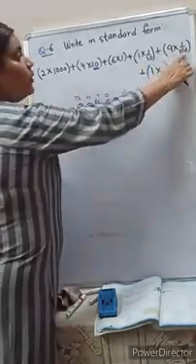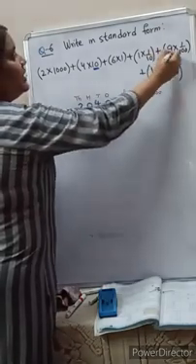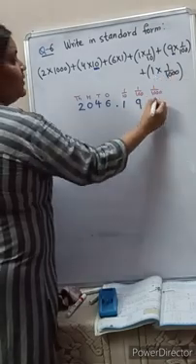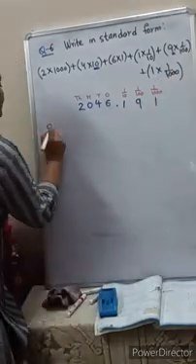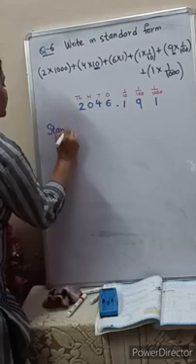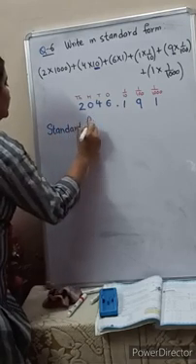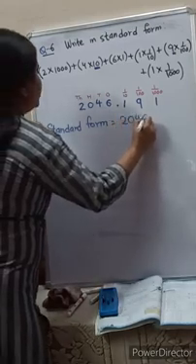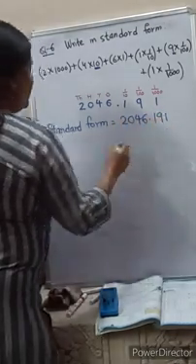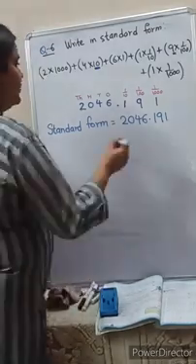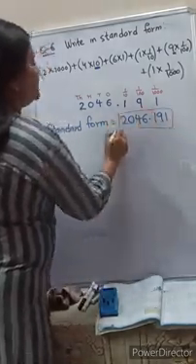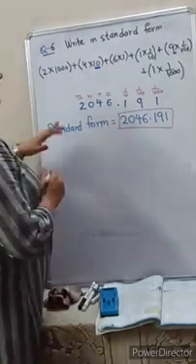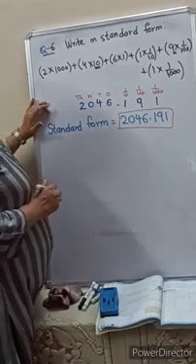And under this 100th column, we will write this 9. Then write 1. So our standard form becomes 2046.191. This is our answer. 2046.191. Followed? Similar type of questions you can practice from the worksheets which are given. We will give you an assignment also.